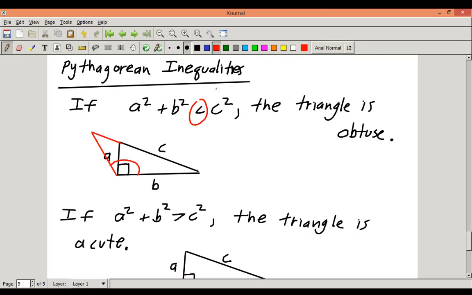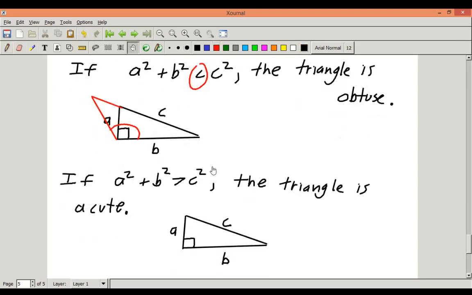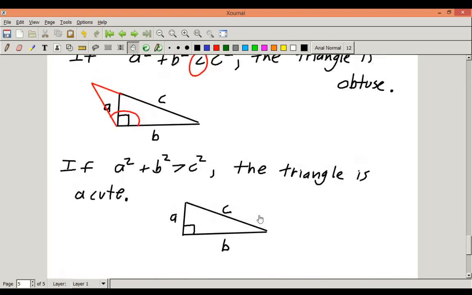And finally, let's look at this, and then we'll do an example for that. If a squared plus b squared is greater than c squared, then the triangle is acute. So it's like the c side got smaller.